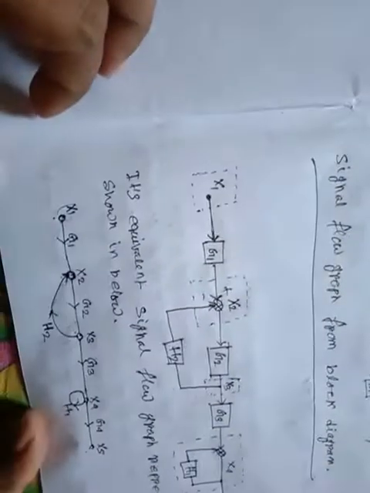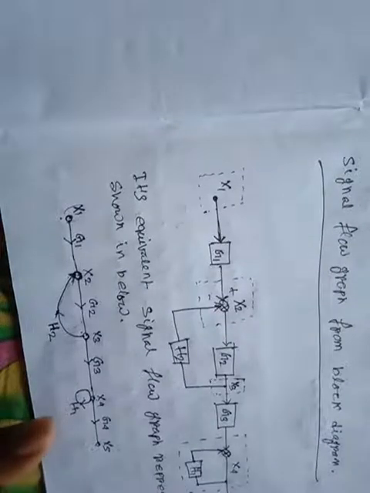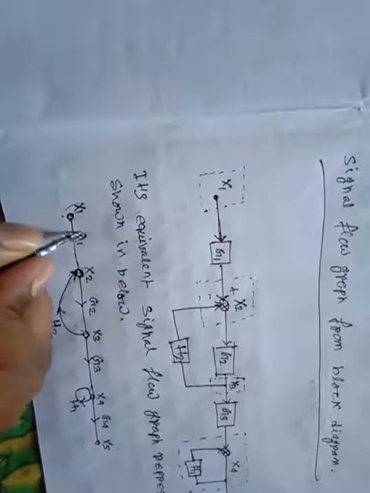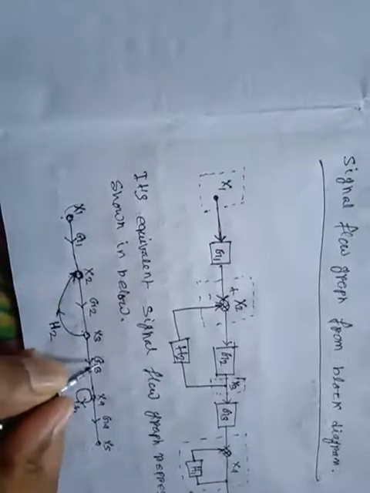Such gains are expressed in terms of the branch function. G1 is the transmittance, and G2, G3 and G4 are also transmittances.